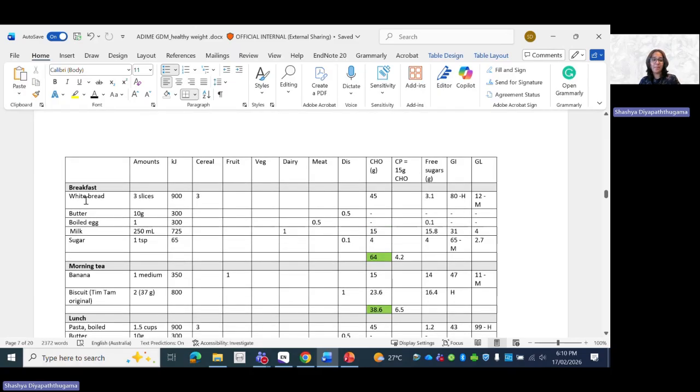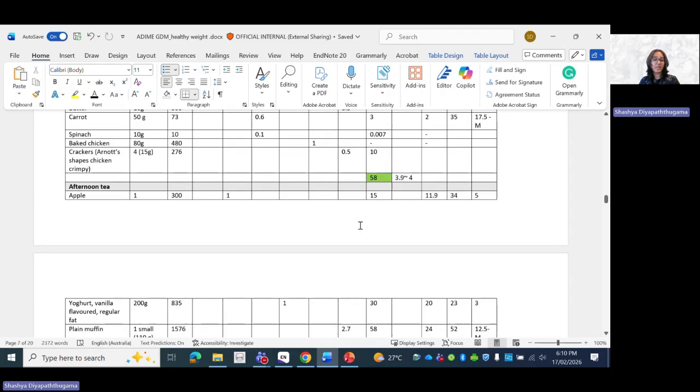So for example, for her breakfast, she's taking white bread, 3 slices, and that gives her 900 kilojoules, and that would be sitting in the cereal food group, and that gives 3 serves of cereals, and that gives 45 grams of carbohydrates and 3.1 grams of free sugars, and that is high GI, and this is the glycemic load.